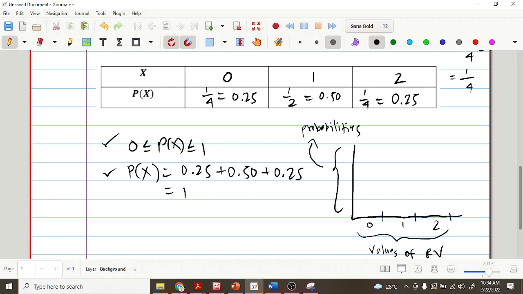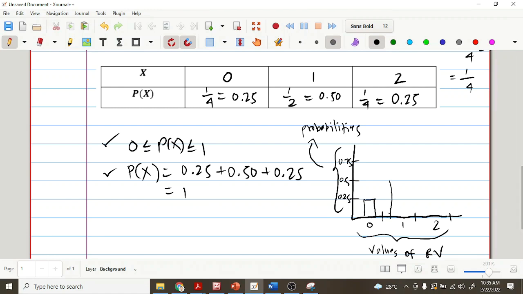At ano yung mga values ng ating probability? We have 0.25, this will be 0.5, and this will be 0.75. So kay 0, ang nag-appear ay 0.25.